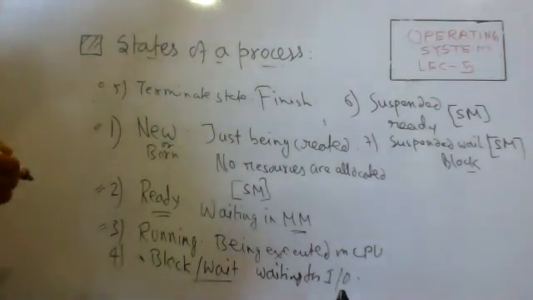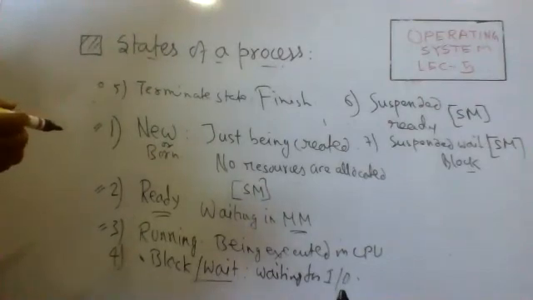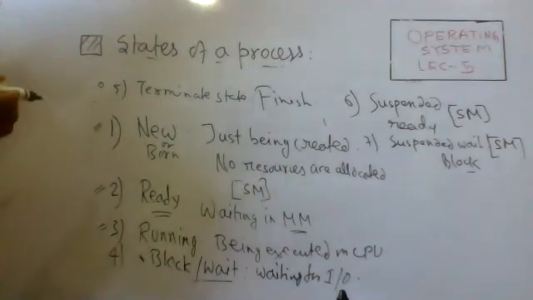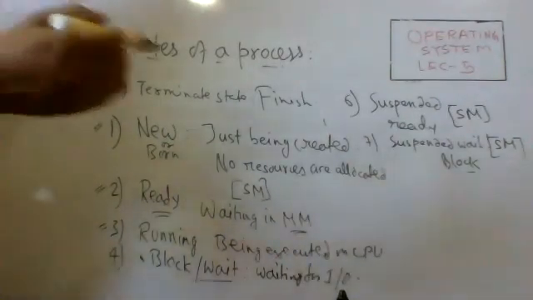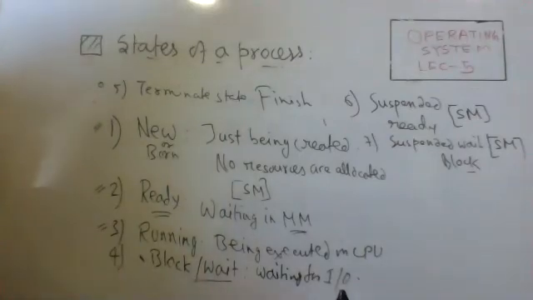This is the simplest way, from creation to termination, right? Minimum 4 states. Okay, so this is all about process states.